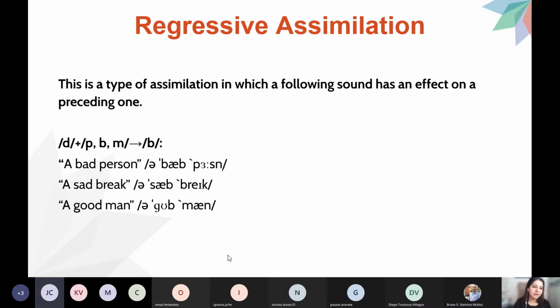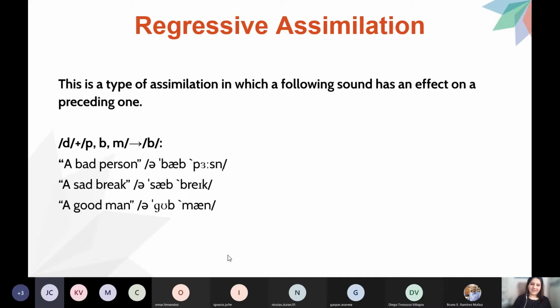And we have, for example, that when we have a D that is followed by a P, V, or a P, or M, the D is going to change into B. So for instance, instead of saying a bad person, we are going to say a bad person. Or instead of saying a sad break, we are going to say a sad break. Or instead of saying a good man, we are going to say a good man.